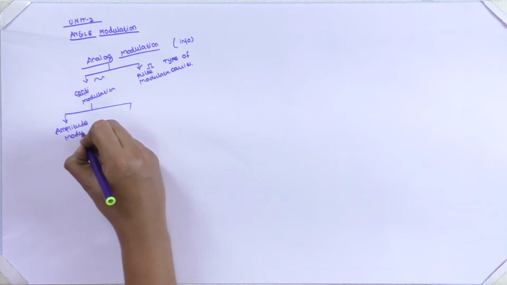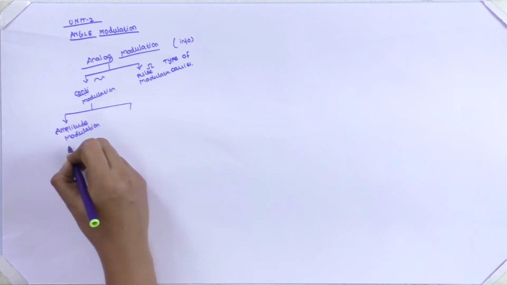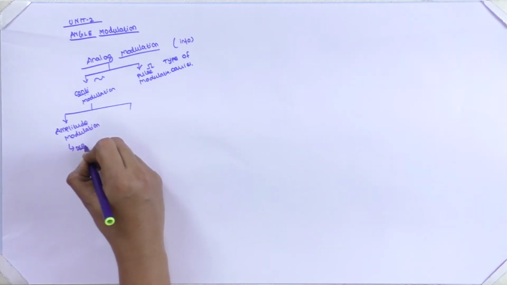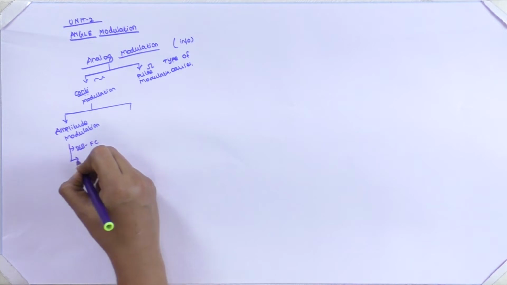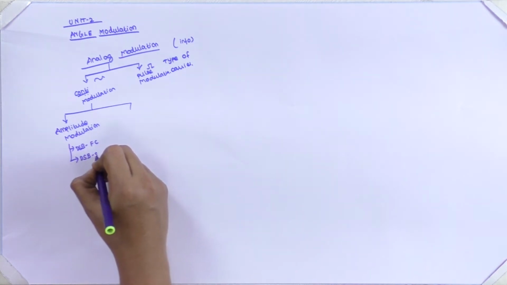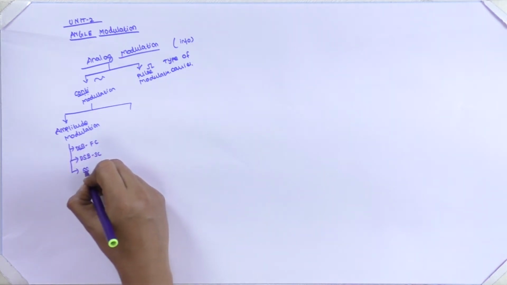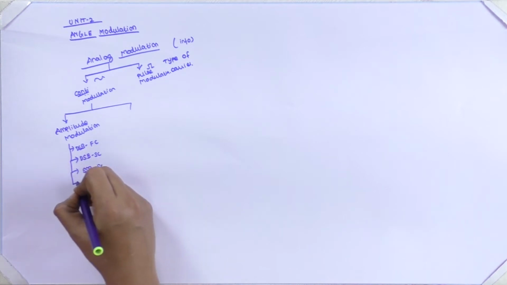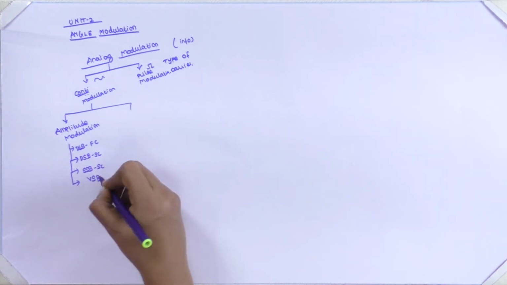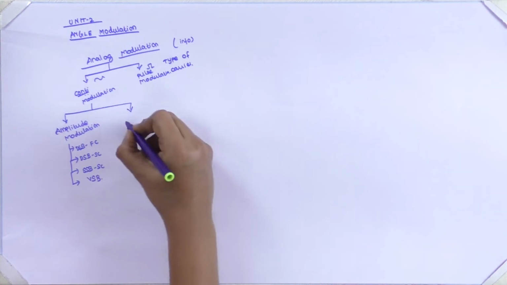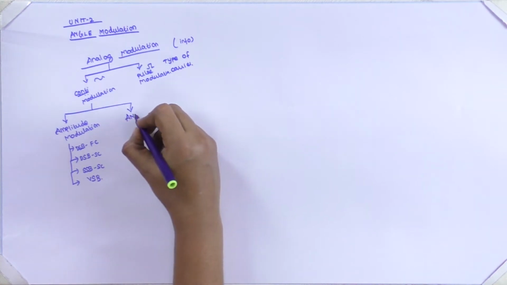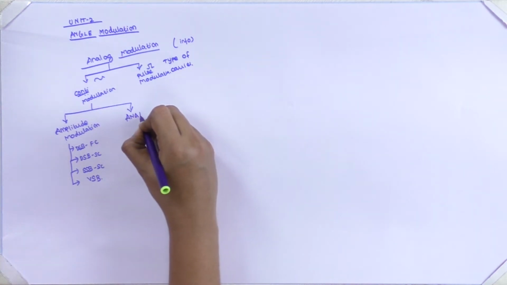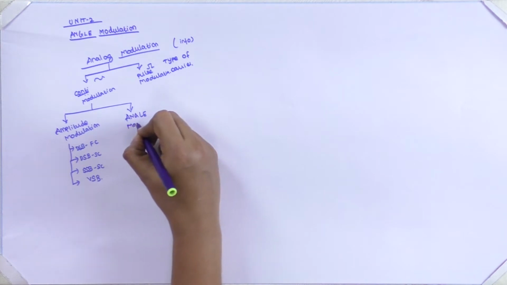So, in continuous modulation, we have seen amplitude modulation in unit 1. In amplitude modulation, we have studied DSB-FC, DSB-SC, SSB-SC and VSB, four classifications in amplitude modulation. In today's lecture, we are going to see the second classification coming under continuous modulation, angle modulation.